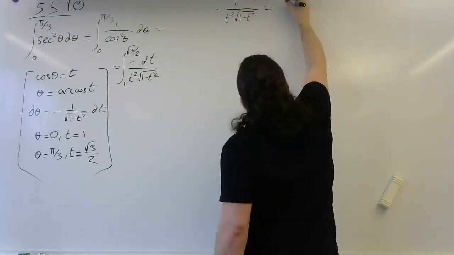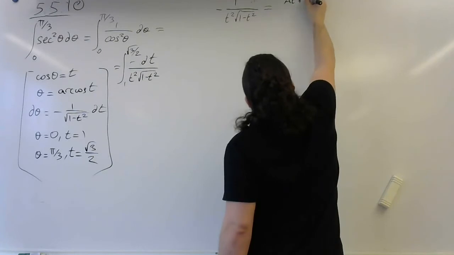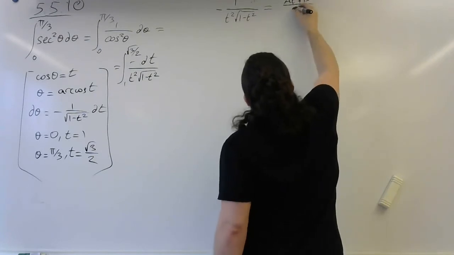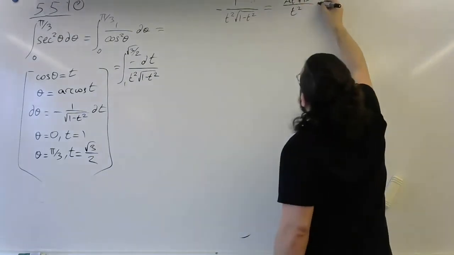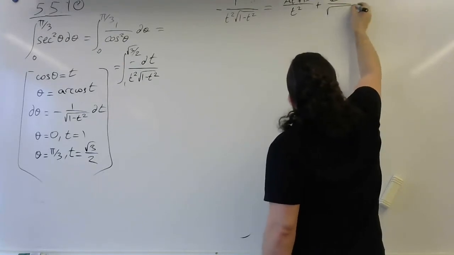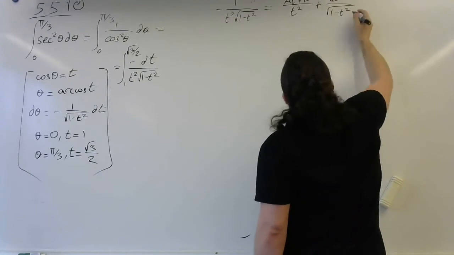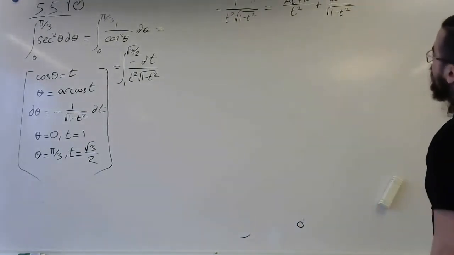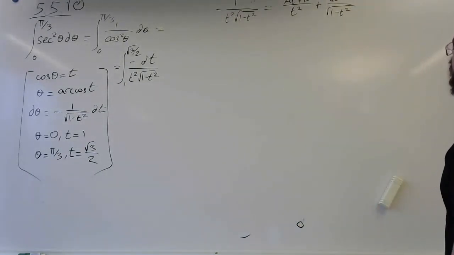This should be at plus b over t squared plus c over square root 1 minus t squared. Let's try with a decomposition like that and see what happens.